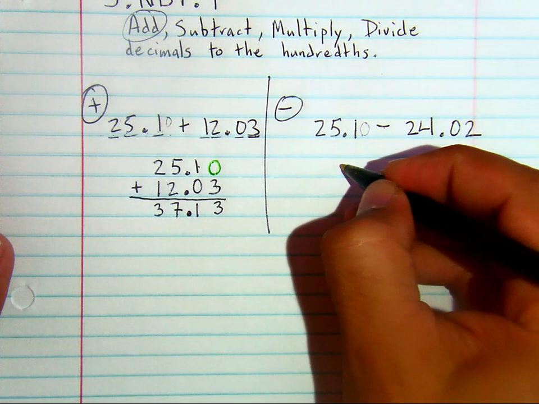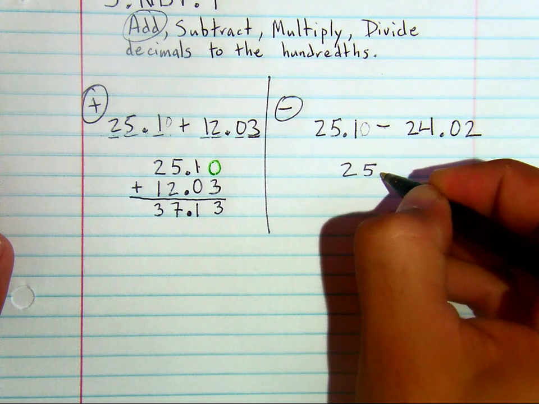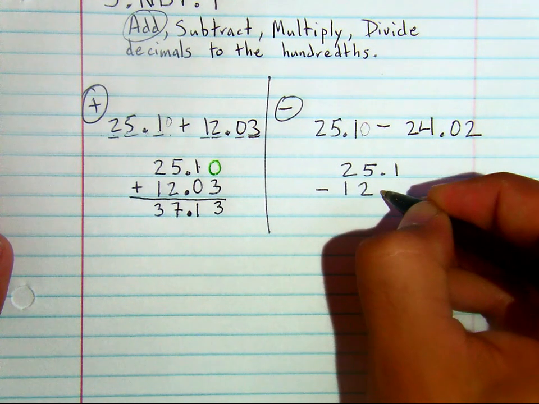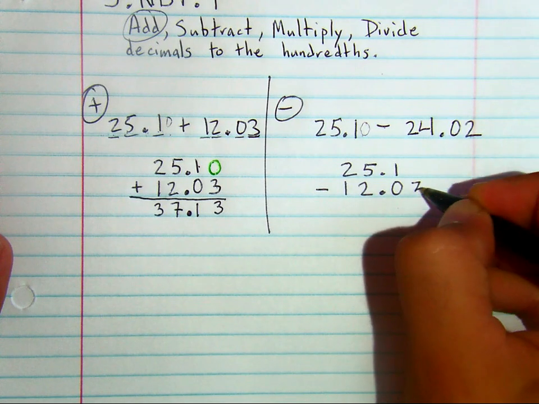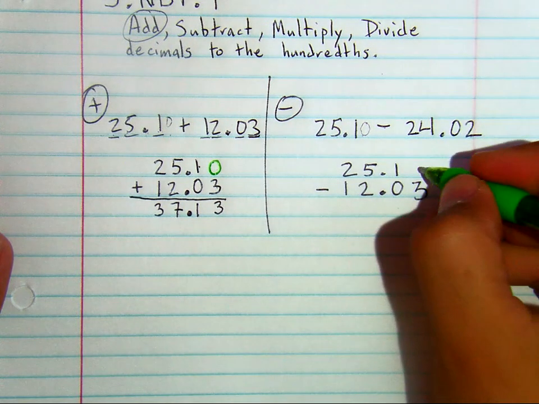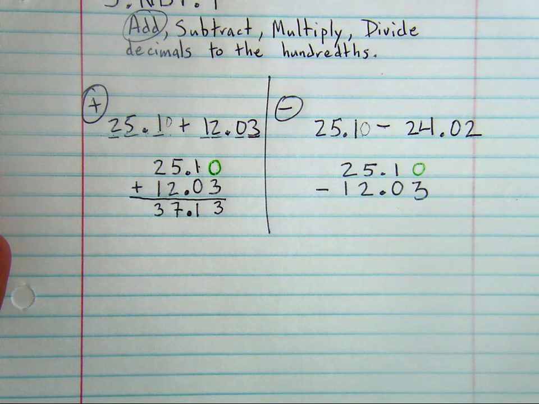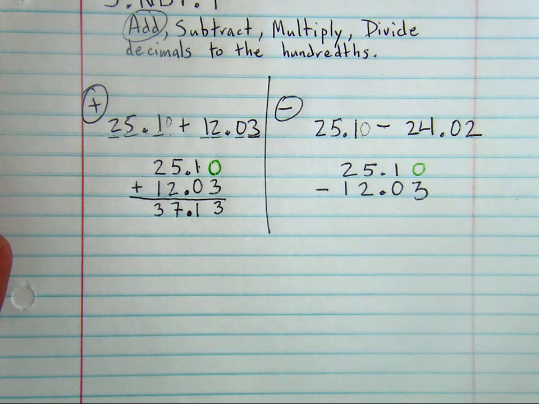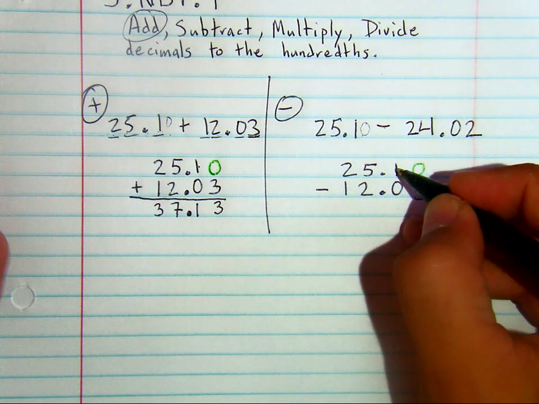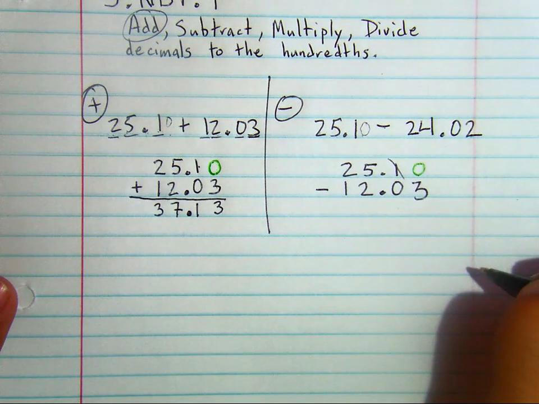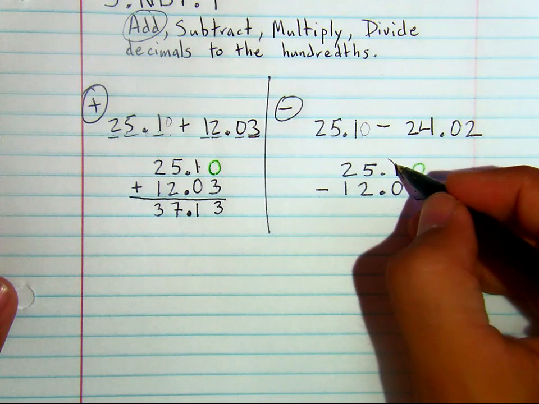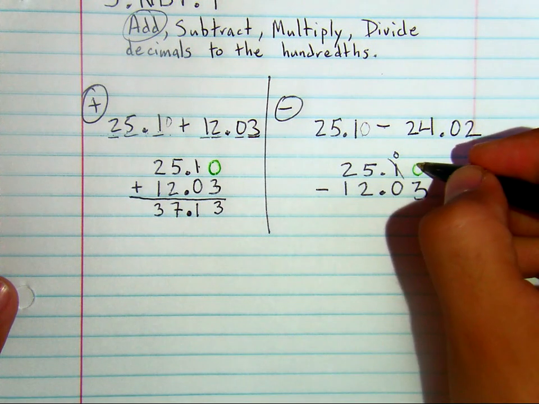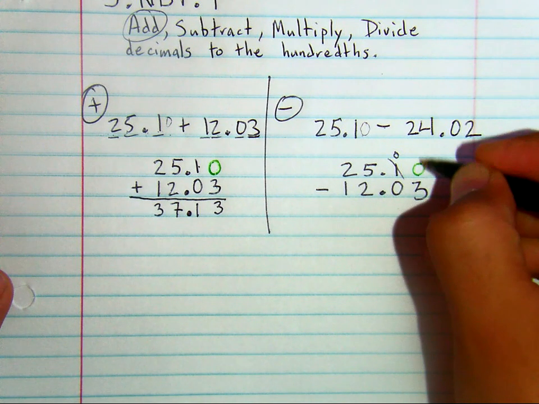So if we line them up vertically, it's sometimes easier to see how, if you don't have that place there, you can still put a 0 there so that you can remind yourself to borrow from the tenths, break that tenth up, to create 10 of these hundredths.